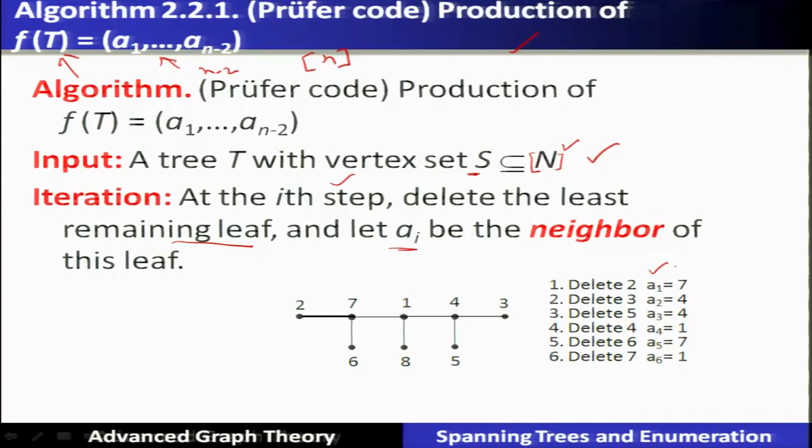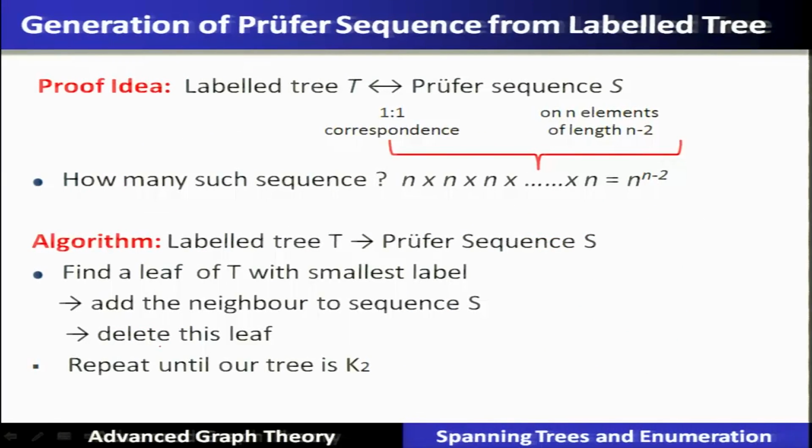Finally, it terminates when only one edge joining two vertices remains, or you can also say a K2 graph remains, and then the algorithm terminates with a successful Prüfer code of a labeled tree. So, let us see the different aspects involved in this Prüfer code algorithm.